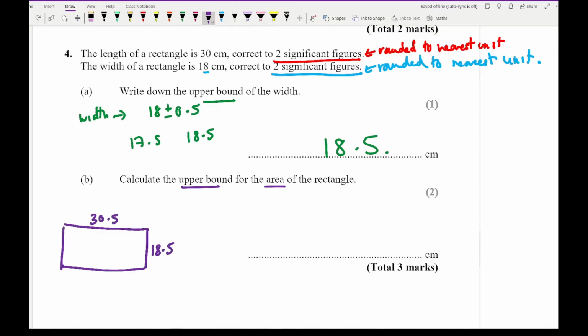So the max area is therefore going to be 30.5 multiplied by 18.5, and using my calculator, that gives me an answer of 564.25. And although the units are a bit wrong there, it should be centimetre squared.